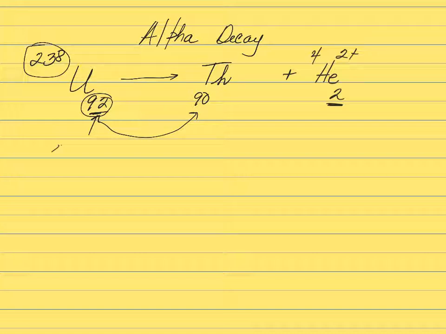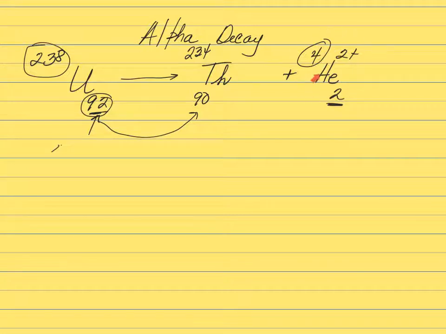If together with the 2 protons, 2 neutrons were leaving the nucleus, what's going to happen to the mass number? It's going to decrease by 4: 234. Ms. Ramos, is it possible that new elements are formed after radioactive decay? Yes.